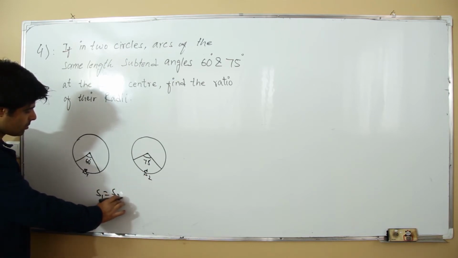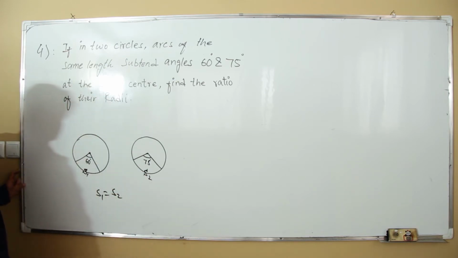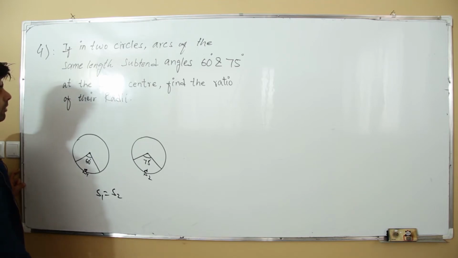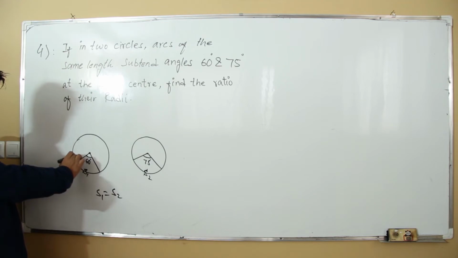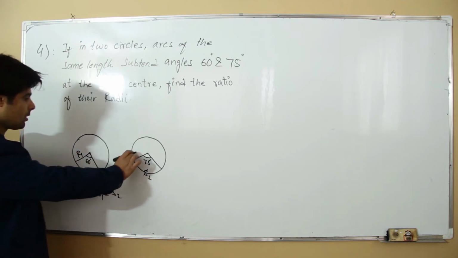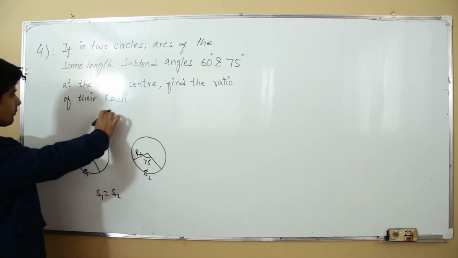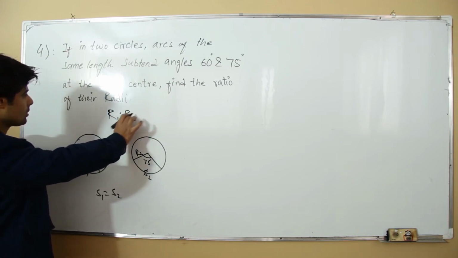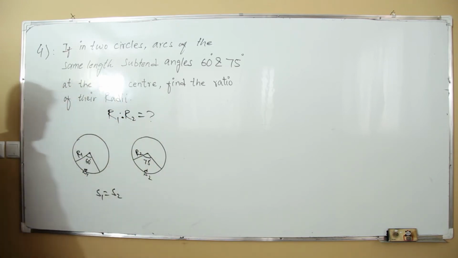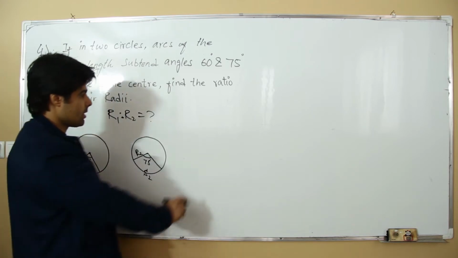S1 is equal to S2. Am I right? Yes. Now find the ratio of their radii. For example, this is R1 and this is R2. You have to find R1 ratio with R2. This is our question. Now I think it's easy.